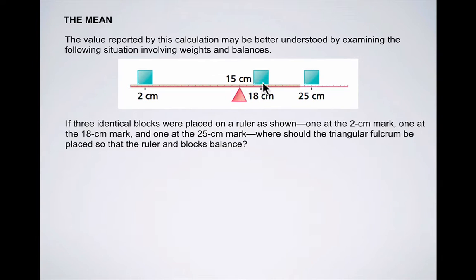And the 18 centimeter is 3 centimeters, and the 25 is 10 centimeters. So we have 3 and 10 to the right and 13 to the left. So it makes sense that the average or the fulcrum should be at 15 centimeters.